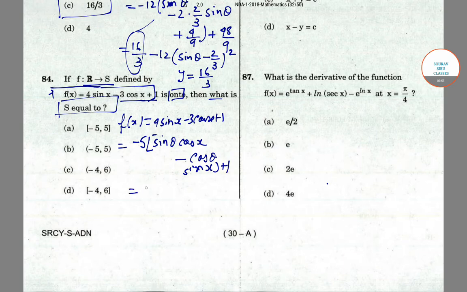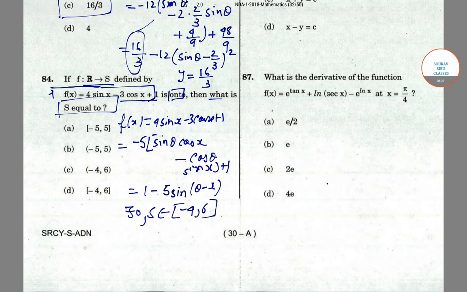So it will be equal to 1 minus 5 sin of theta minus x, so we know that S will belong to minus 4 to 6.